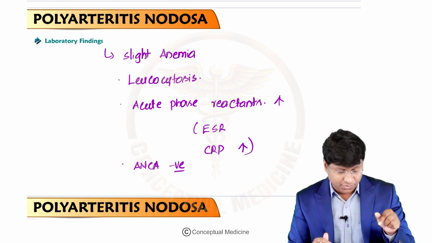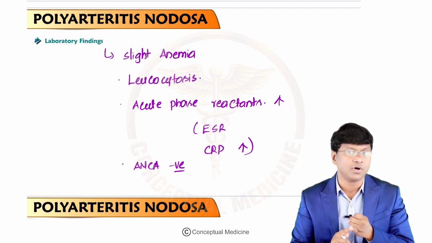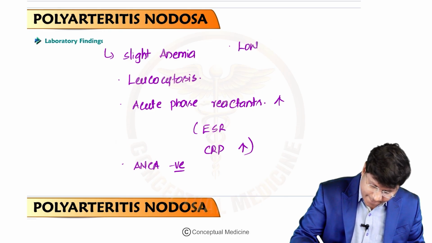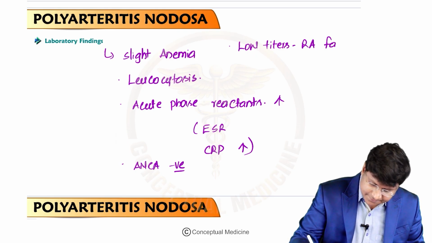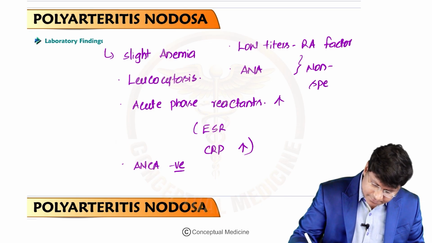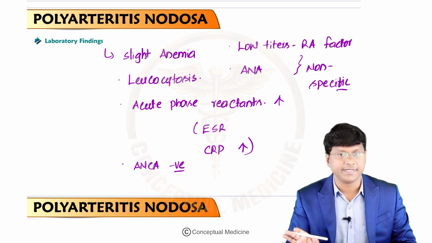But these individuals with polyarteritis nodosa may have low titers of rheumatoid factor or anti-nuclear antibody, but both of them are non-specific findings.